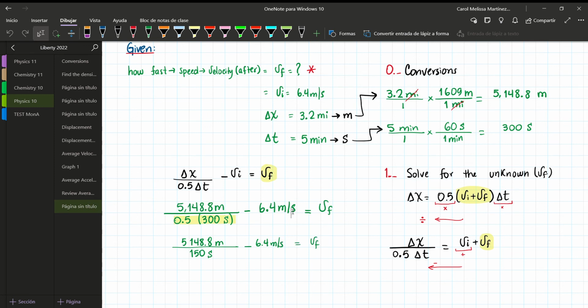And now that I already solved the bottom part, I'm going to divide. Now that everything is solved, 5,148.8 divided by 150.